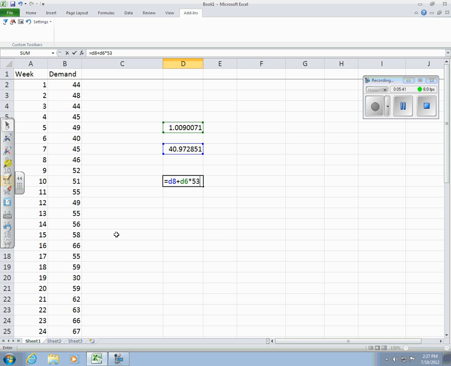So again, we started at the y-intercept and we've gone up the slope 53 times. And where does that put us? Puts us at 94.45. So we could use the linear trend equation to basically see where that trend is headed.